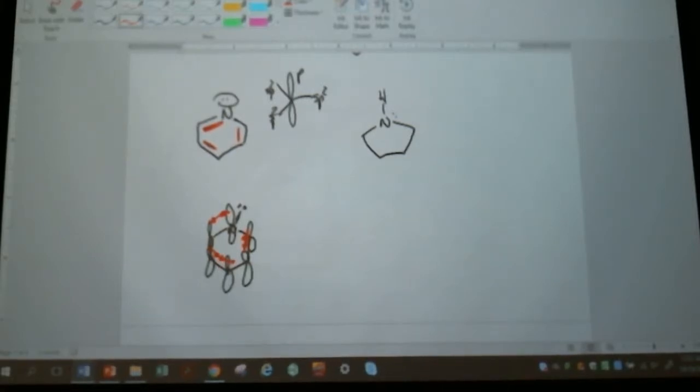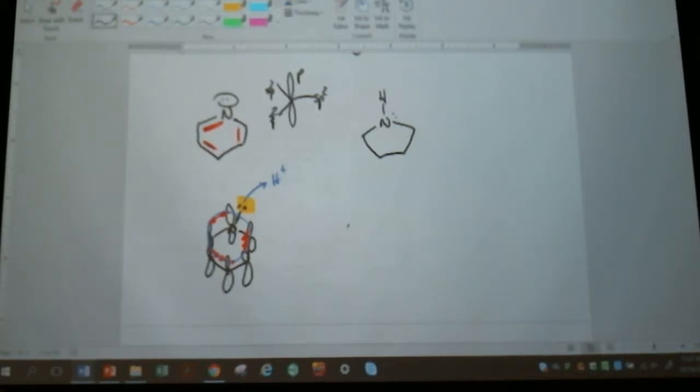And of course, electrons are not localized like that, but this is a continuous array of the orbitals, so the 6 pi electrons are free to be delocalized. But these two have nothing to do with that. They're perpendicular to the array of p orbitals. So those two electrons are available to attack, for example, a hydrogen ion.